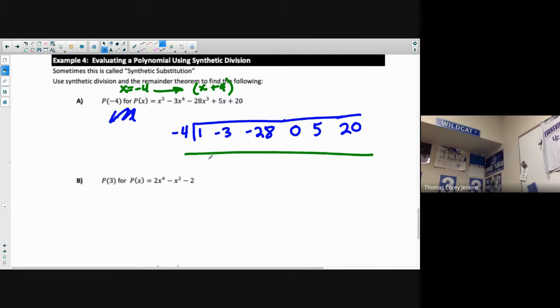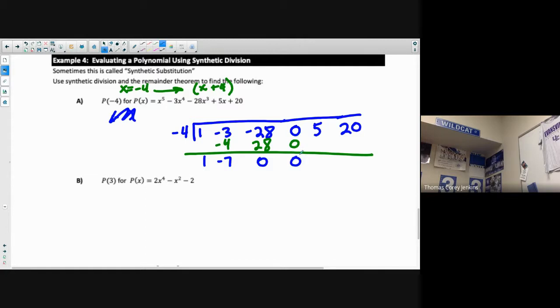So bring down our 1, multiply, we get -4. Add, we get -7. Multiply again, we get 28. Add again, we get 0. Multiply again, we get 0. Add again, we get 0.